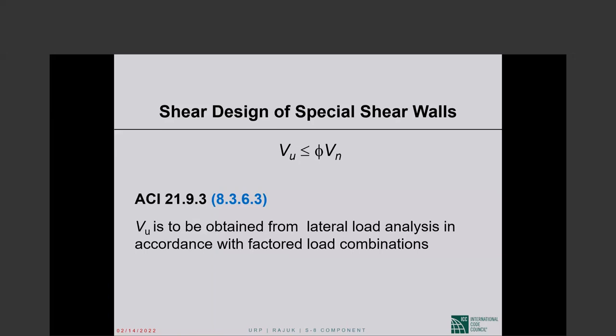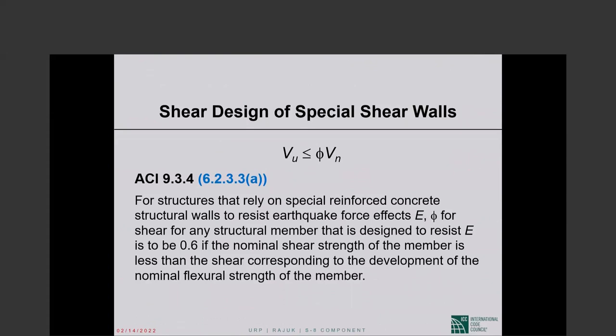So in the case of shear walls, the V sub u comes directly from analysis of the structure containing our shear wall under code prescribed seismic forces. It is not the largest shear that can develop in our shear wall. This is extremely important for you to understand. The required shear strength comes directly from analysis of the structure under code prescribed seismic forces.